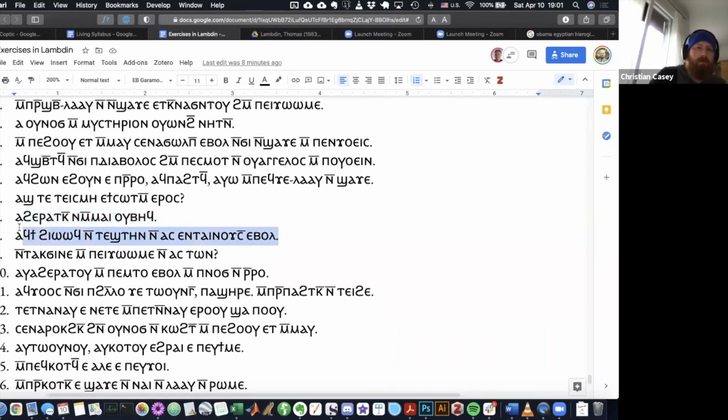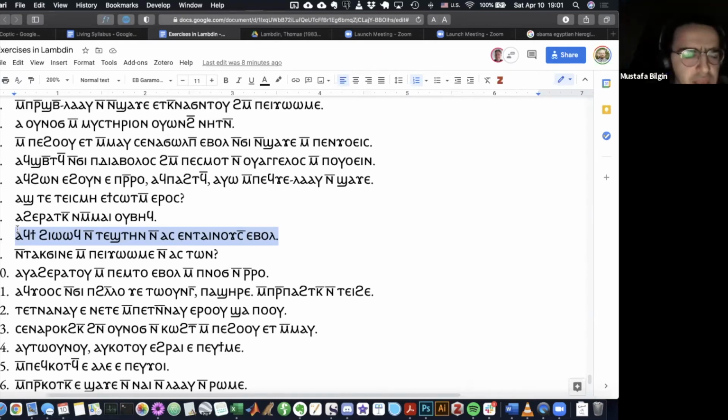Afti Hiof and Tisheten en as entai nojes ebol. Afti, he gave on it, on him, shitan, the old garment.